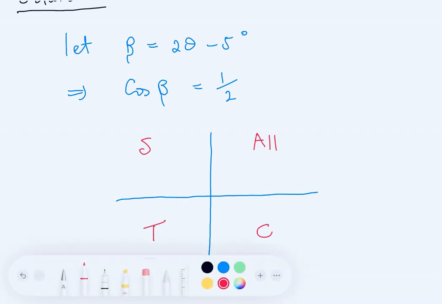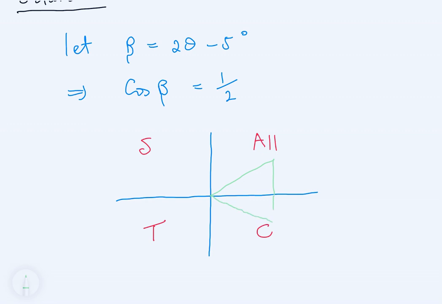So now we know for sure, by looking at our quadrants here, that the cos function is positive in the first quadrant and also in the fourth quadrant.